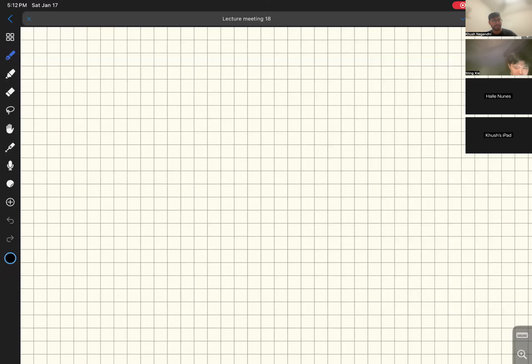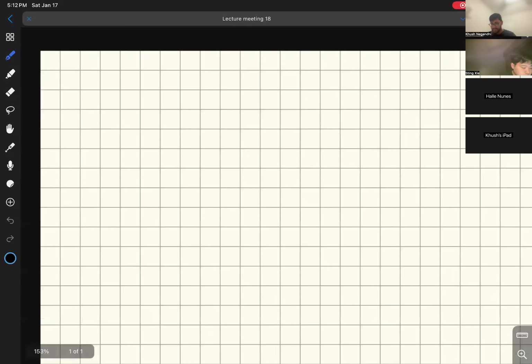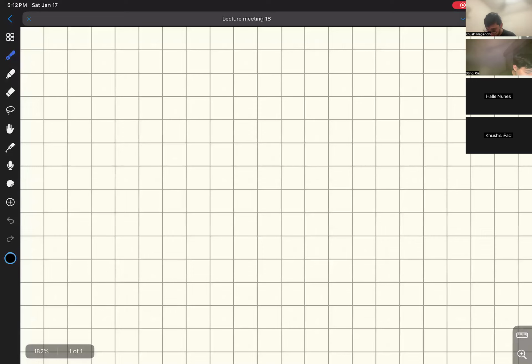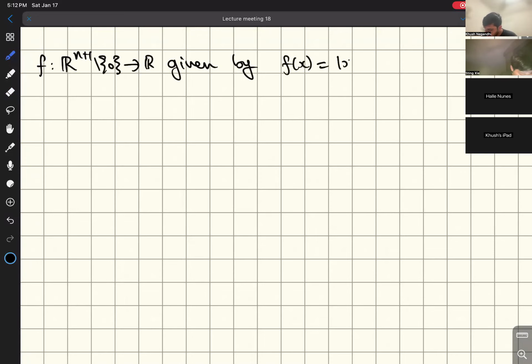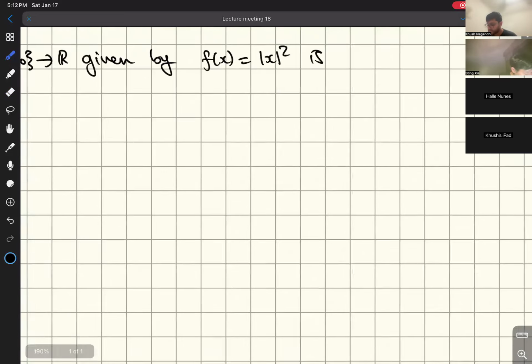So to recall, remember that f of x, from R^(n+1) minus the origin into R, given by f of x equals |x|^2, is smooth.